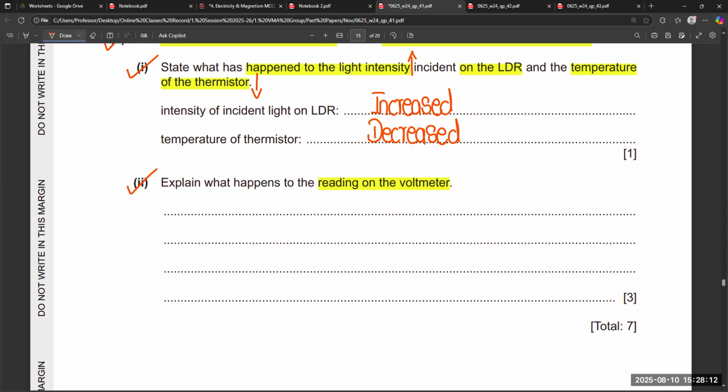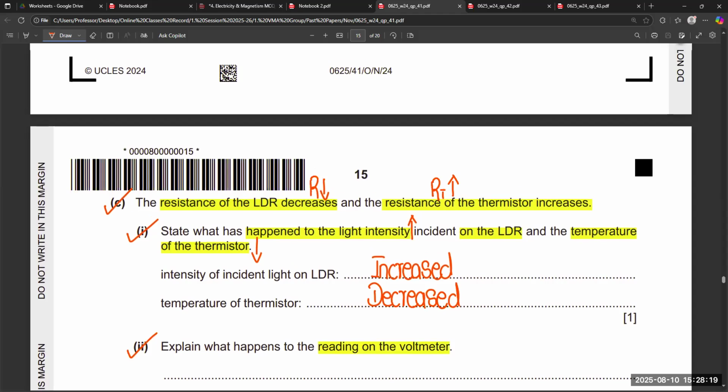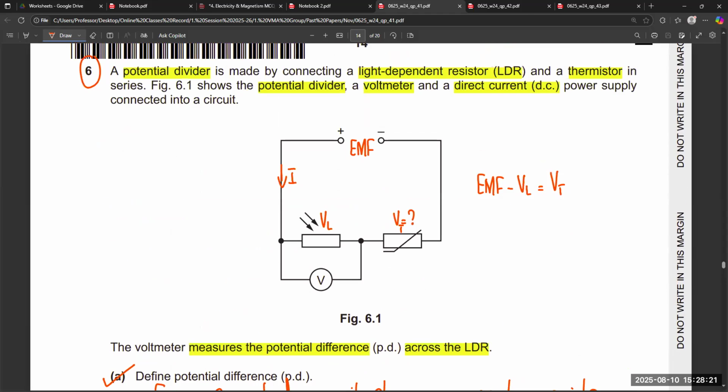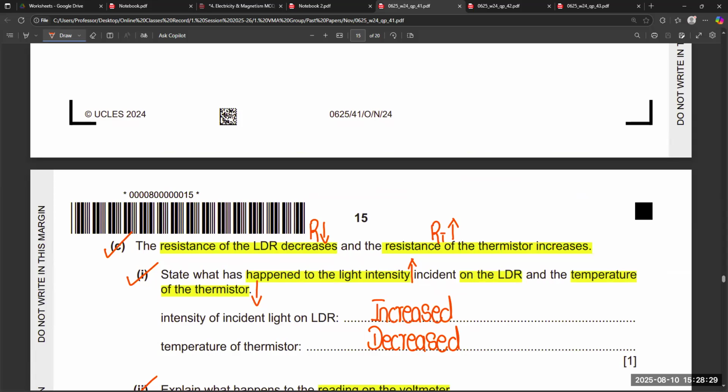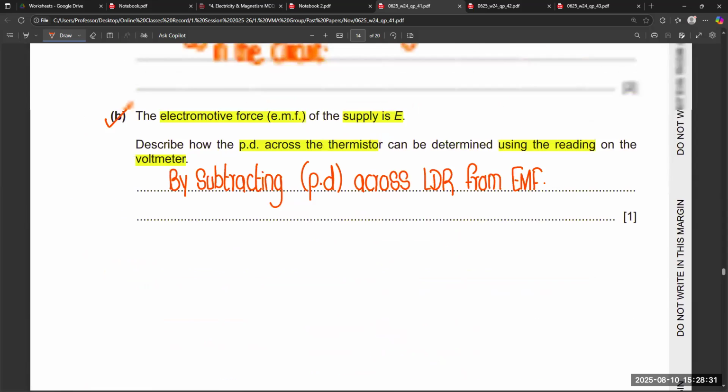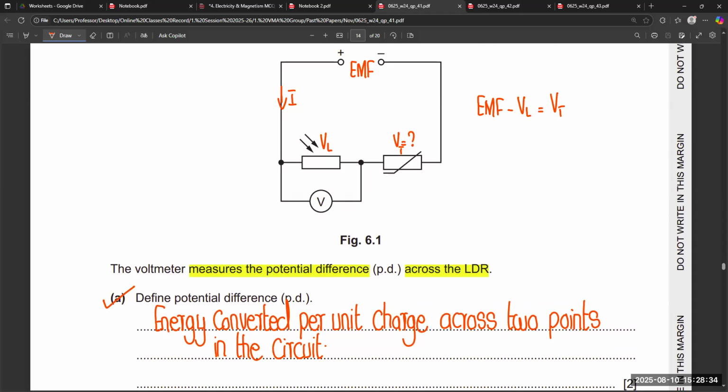Okay, so basically we know that the EMF of the battery is the same. It means total voltage remains the same. But now, as we discussed, for LDR the resistance decreases. So the voltage also decreases.